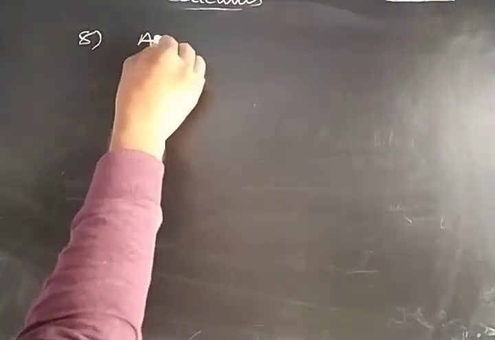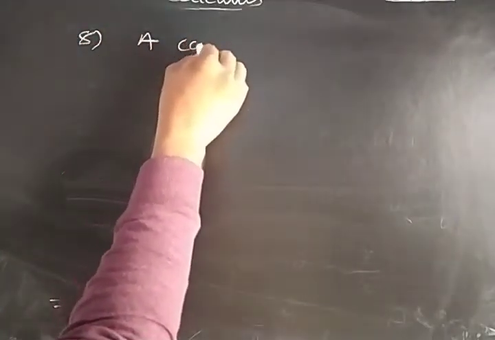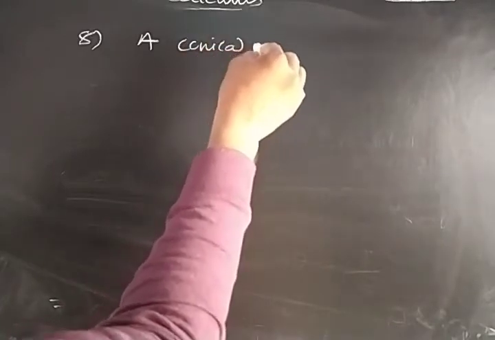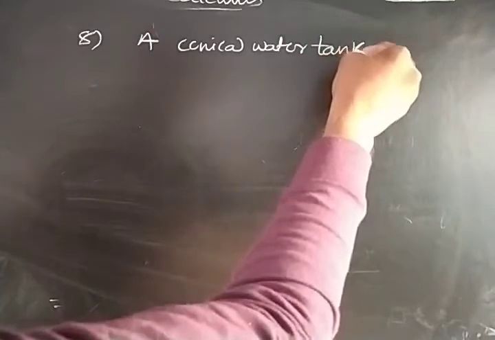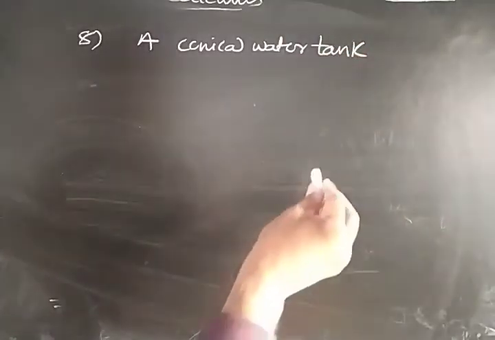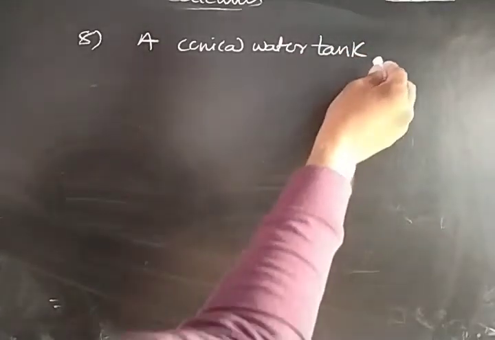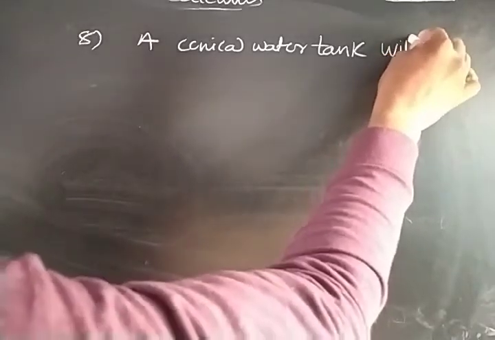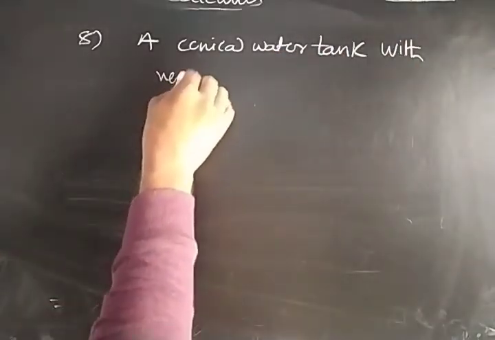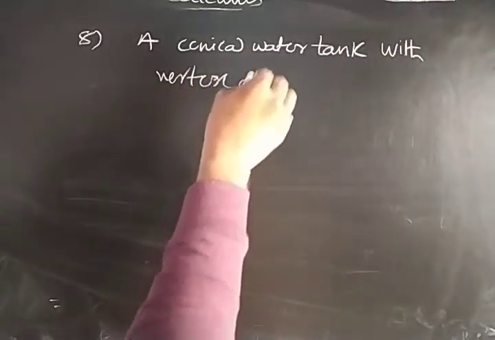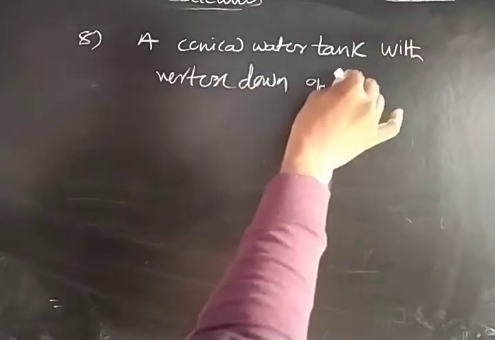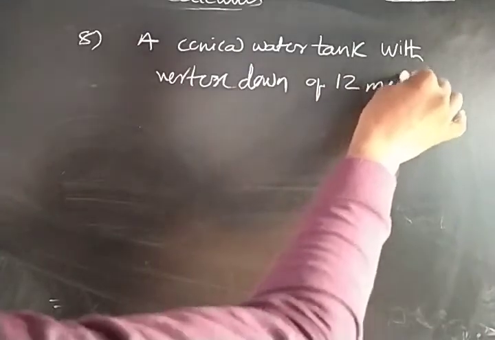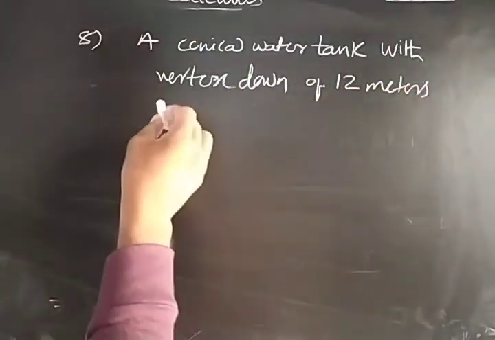Problem number 8. A conical water tank with vertex down, of 12 meters height.